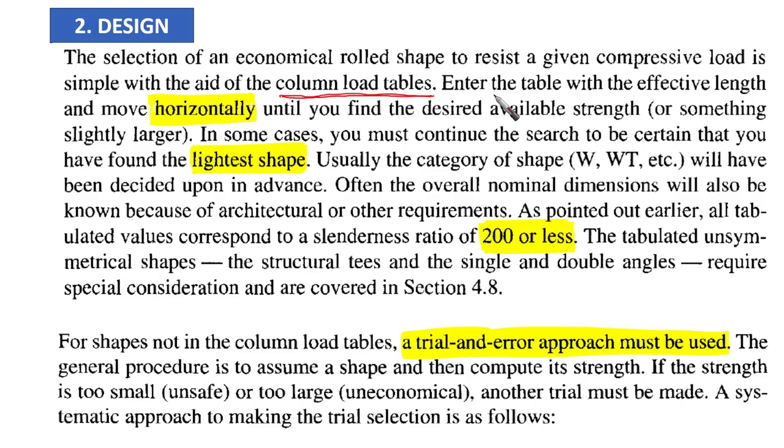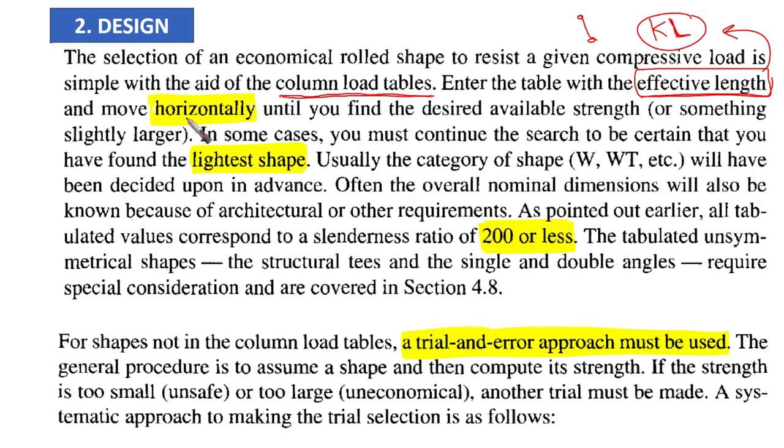So we are going to enter the table with the effective length. The first thing that we need to put in our mind is to get KL, which is the effective length. So we need to know the end condition of our column and the length of the column, and then we can obtain the effective length.